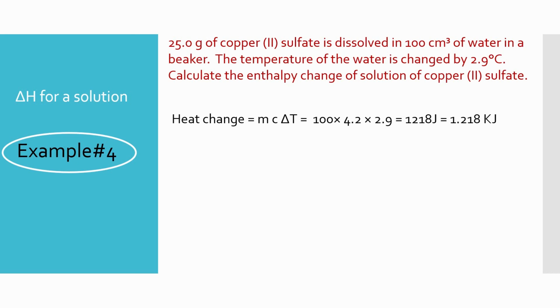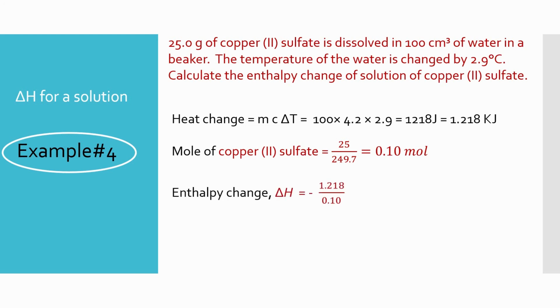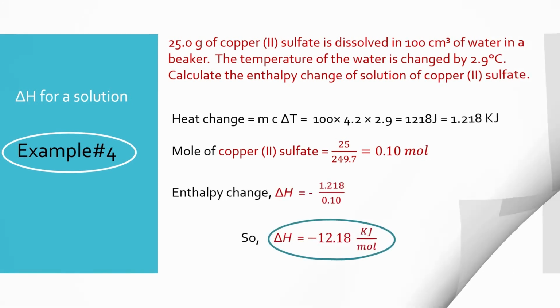So the heat change is 1.218 kilojoule, and the mole is equal to mass divided by Mr. Mass is 25 and Mr is 249.7 for copper sulfate. So mole is equal to 0.18. So enthalpy change is equal to Q divided by mole, and we get the enthalpy change negative 2.18 kilojoule.